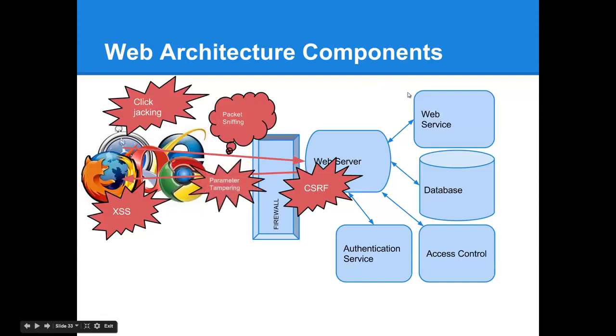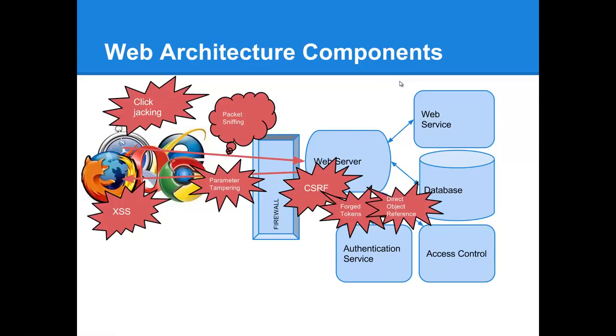And there's packet tampering, which enables other forms of web attacks and client attacks. And other types of attacks involve forged tokens, maybe copied tokens, or stolen rather. It's direct object reference, which may bypass various access control mechanisms, depending on how poorly they're implemented.